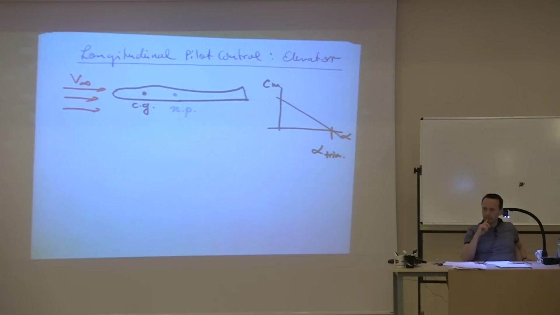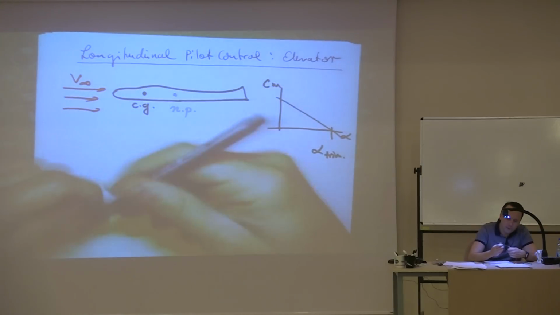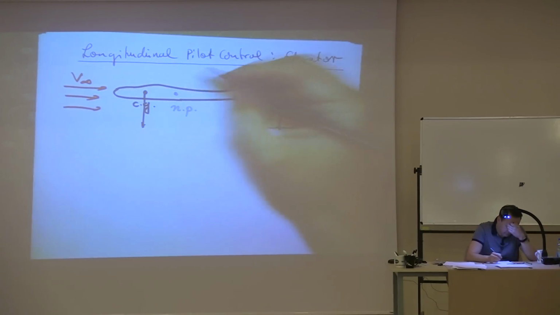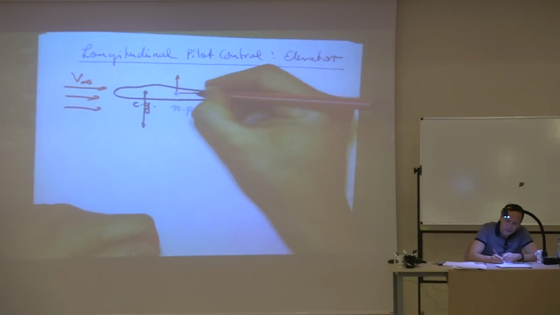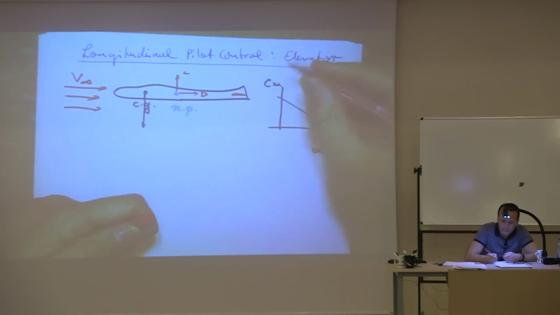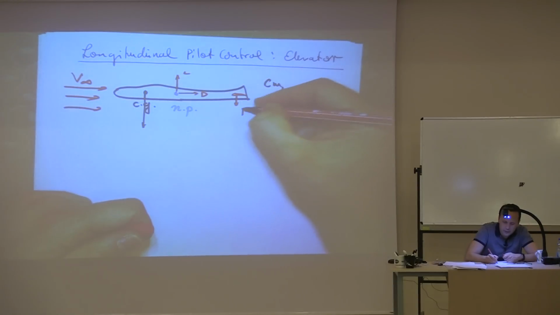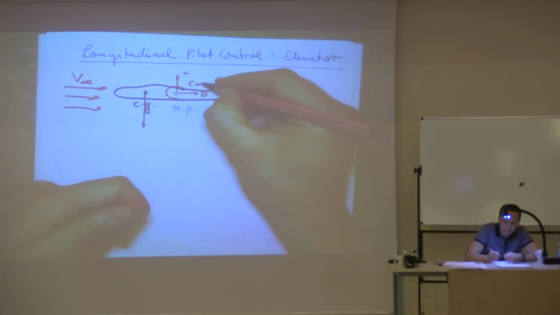What do you think? Let's say this is an equilibrium. Here's the weight. Here's the lift. Here's the drag. I have a force here on the tail. I have an aerodynamic moment, Cm.